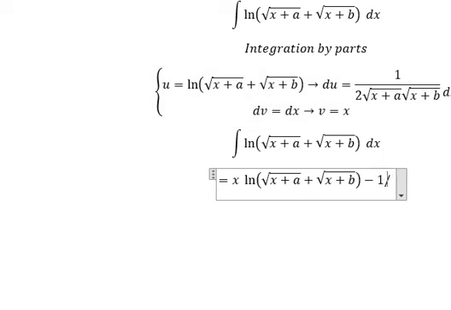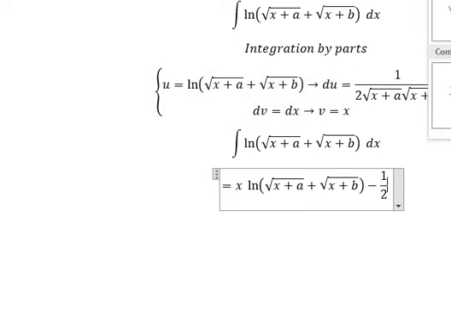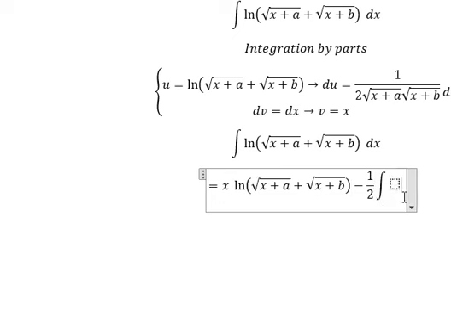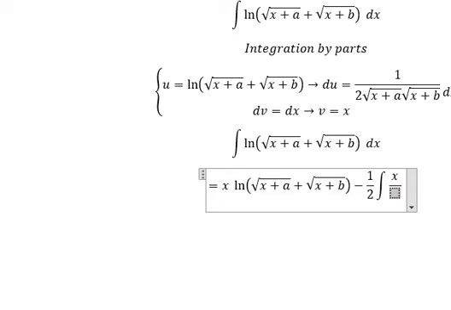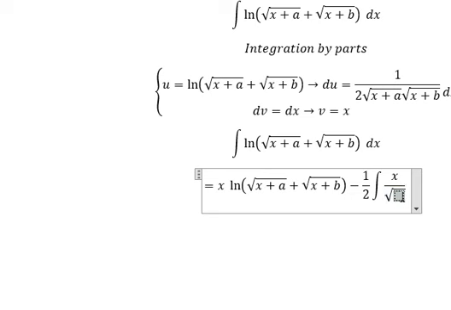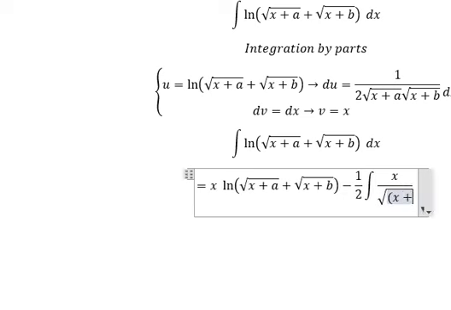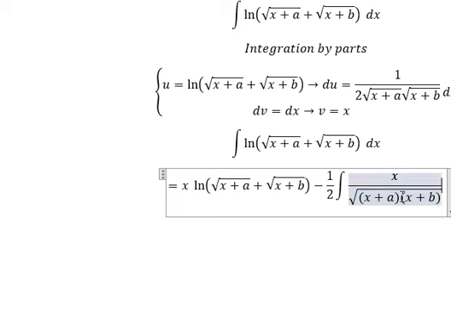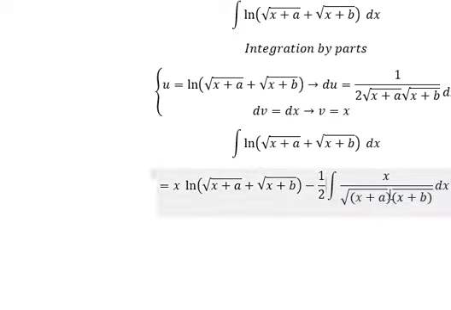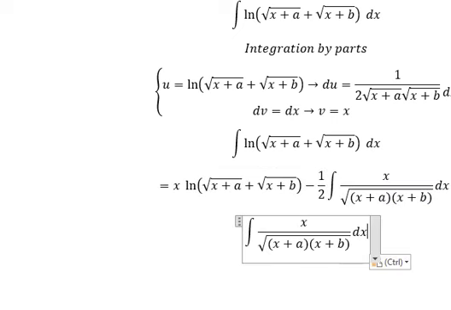So we have 1 over 2, and then we have the integration of s over the square root of s plus a multiplied by s plus b in here. So in this one we can do an expansion.